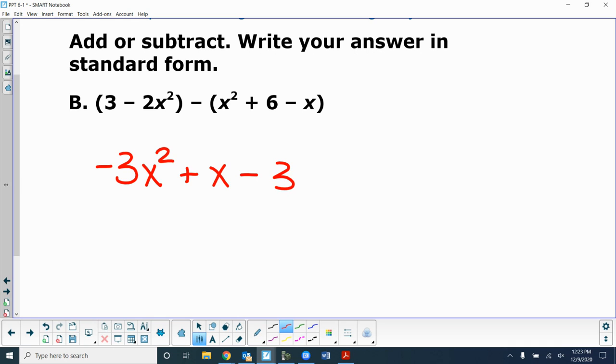So we got negative 2x squared minus 1x squared is a negative 3x squared. Minus a negative x is like plus x. 3 minus 6, negative 3. Put it in the right order. You guys can handle that, right? You knew how to do this first day of school, right? You should have. Okay.